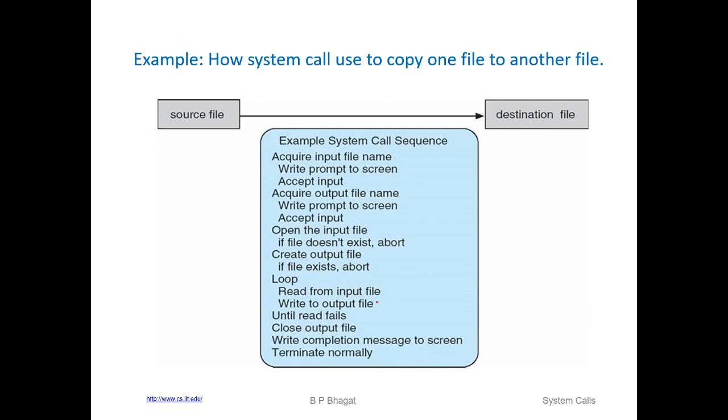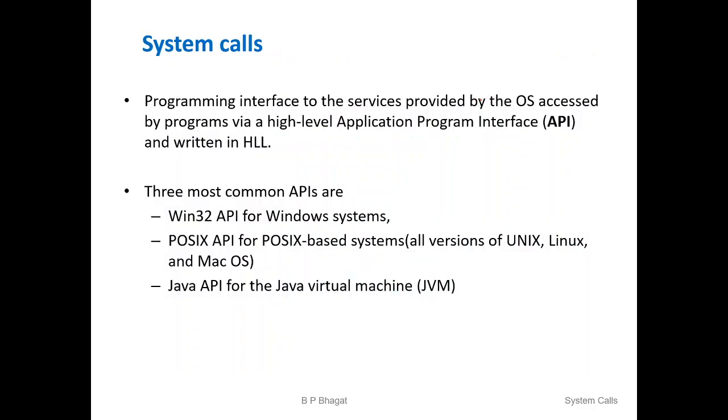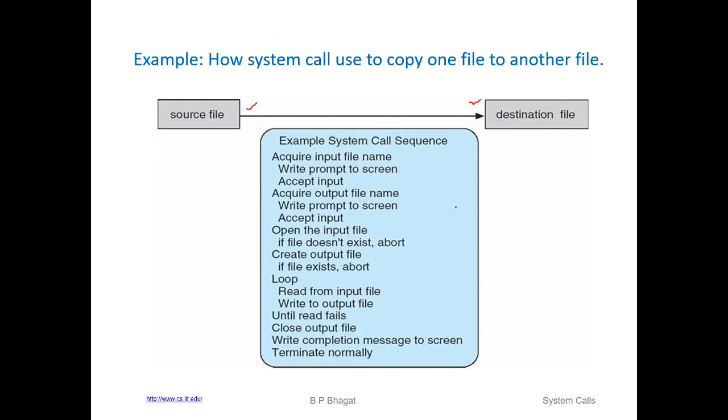Now, diagrammatically, here we can see how the sequence of system calls is executed one after another, that is copying the content from the source file to the destination file. Let us see the sequence of the steps.